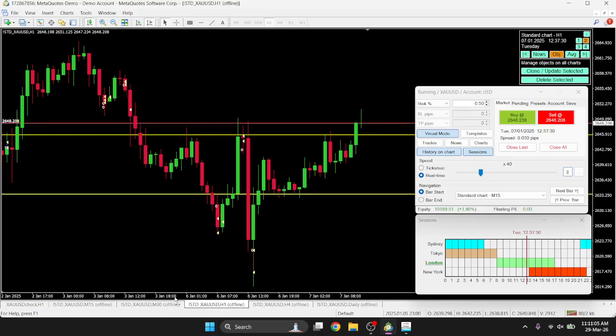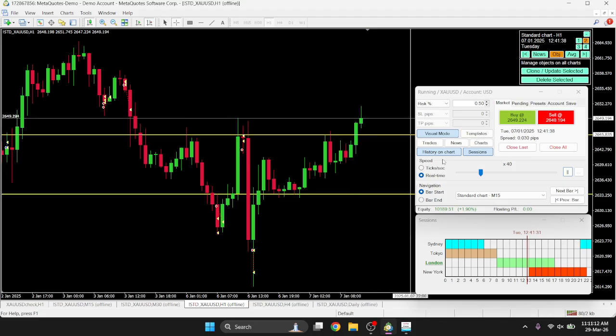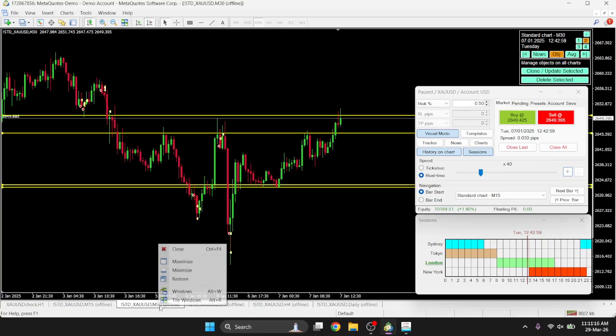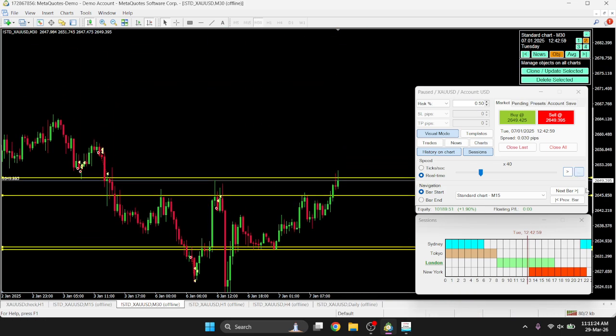Or if it doesn't come back to retest this zone and continues pushing up, but in 30 minutes, if a candle closes above the resistance, then we can consider a trade. So 30 minutes closed.